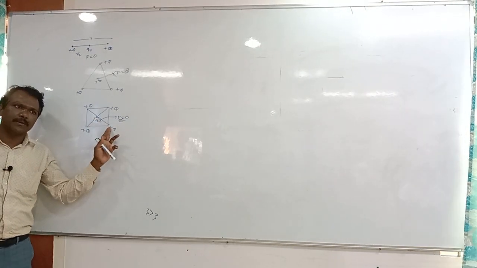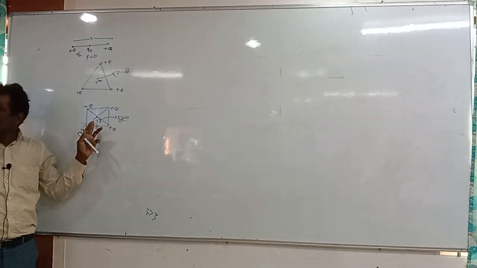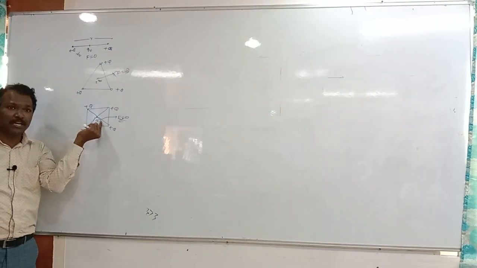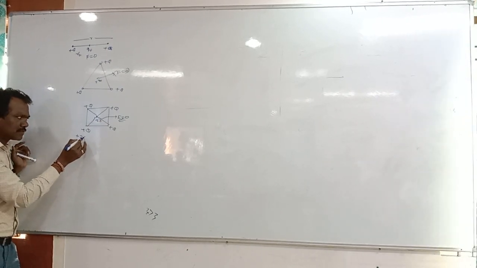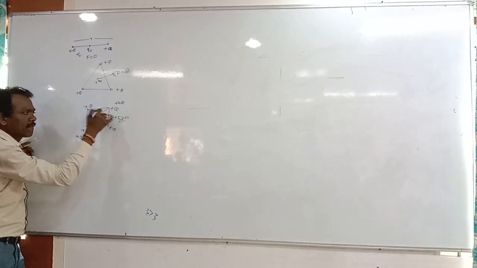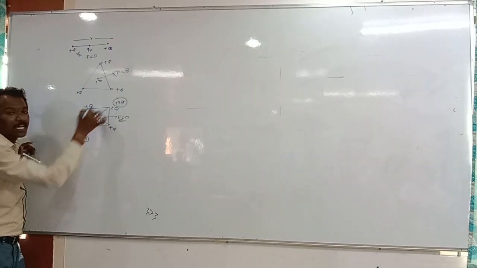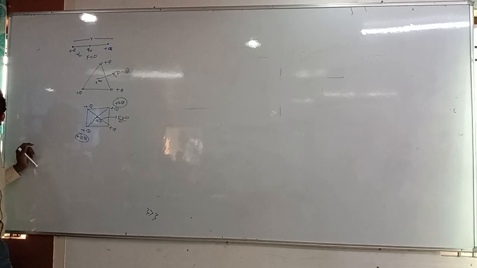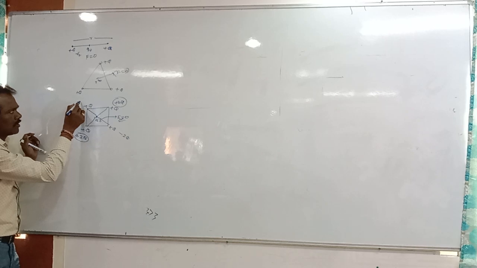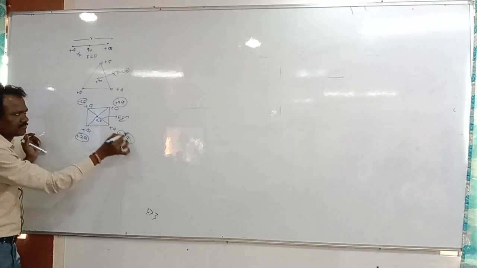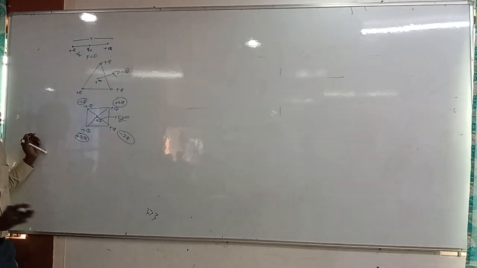Not only equal charges: the condition for equilibrium of Q naught is that opposite charges at the diagonals of a square or a rectangle must be equal in magnitude and like charges. You can take minus 2q here and here, then the resultant force is 0, right?